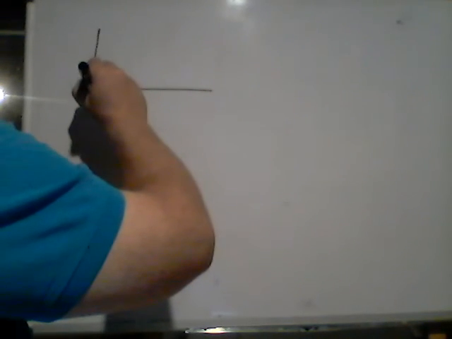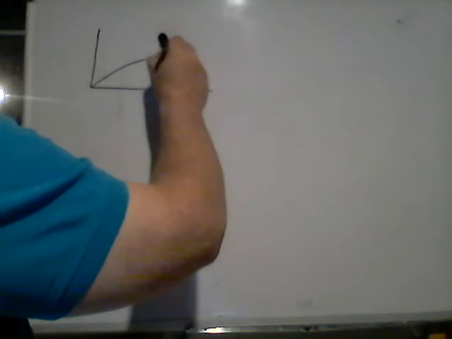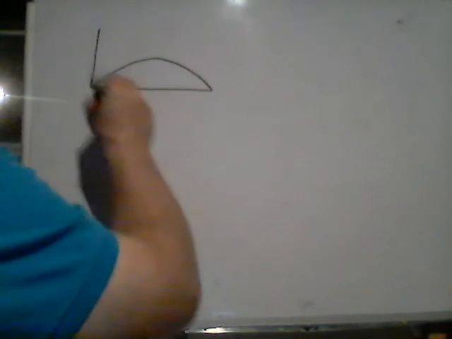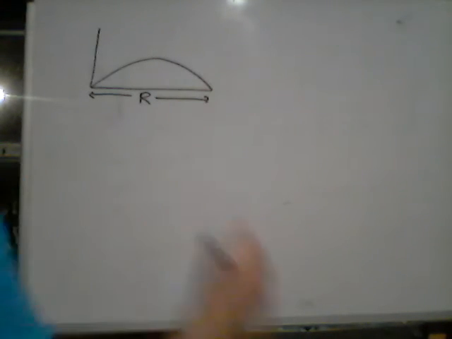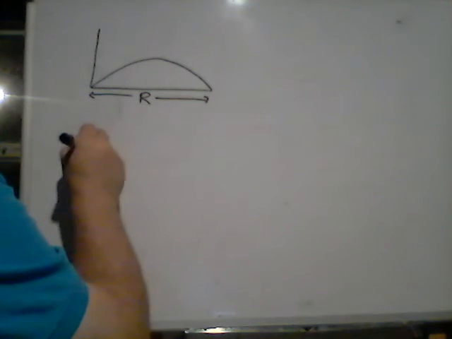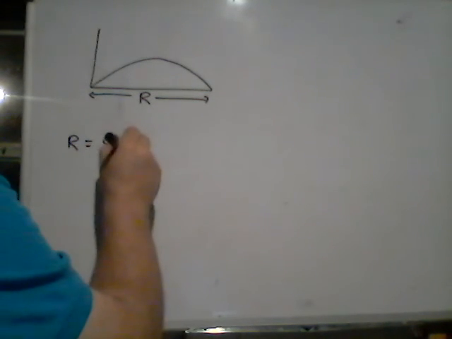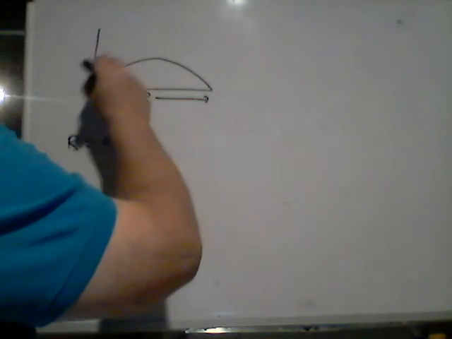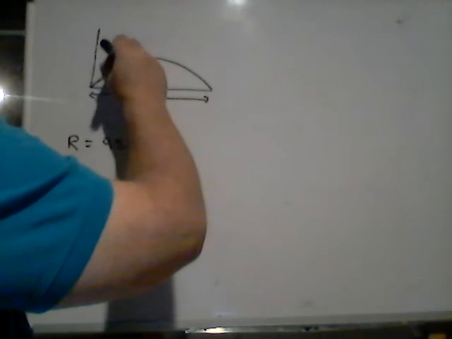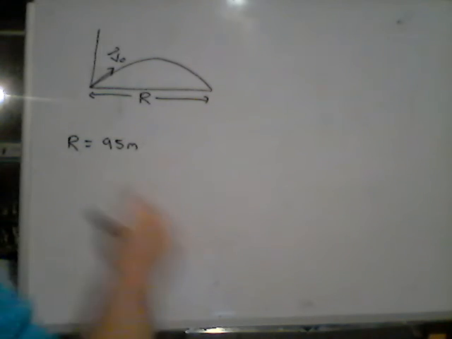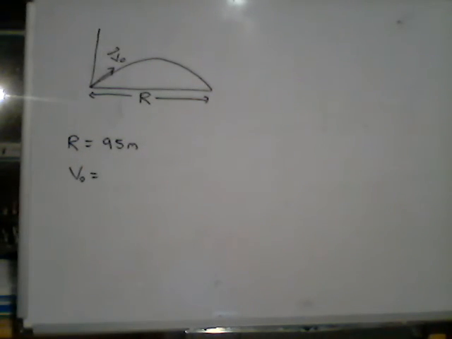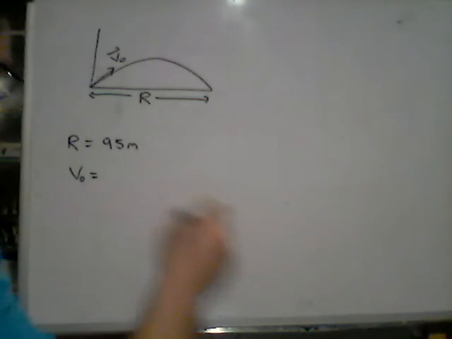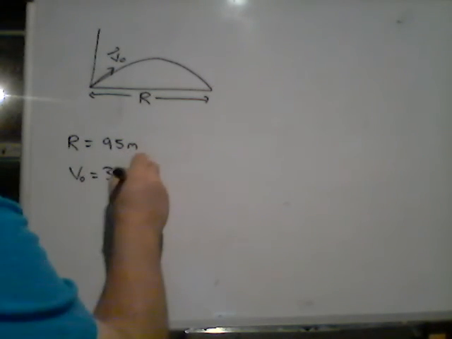I want to try to figure out if the ball can get to the opponent's goal. All right, so this R is 95 meters. And we know that the goalkeeper can employ an initial velocity, and the magnitude of that velocity that would be imparted to the soccer ball is 30 meters per second. This is the information that we know.